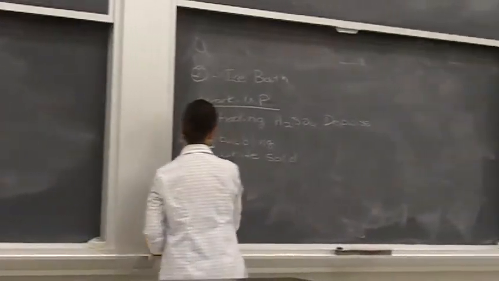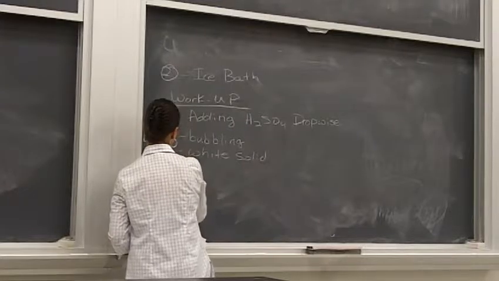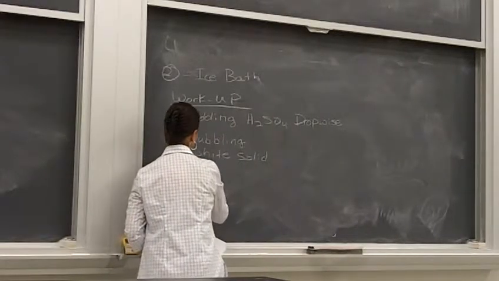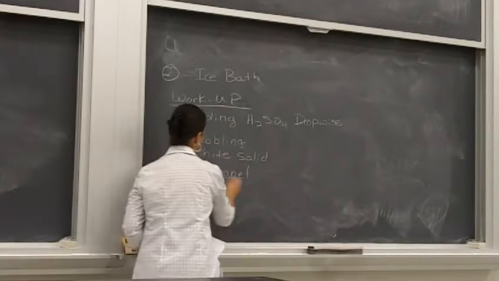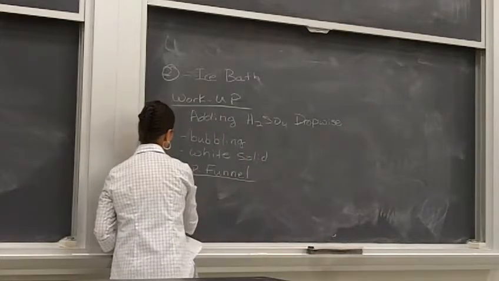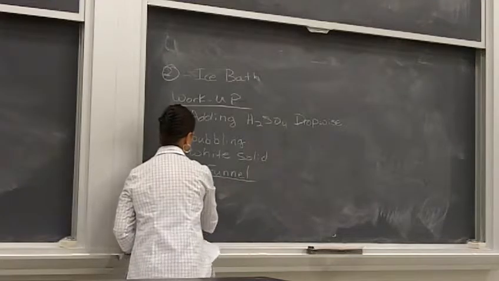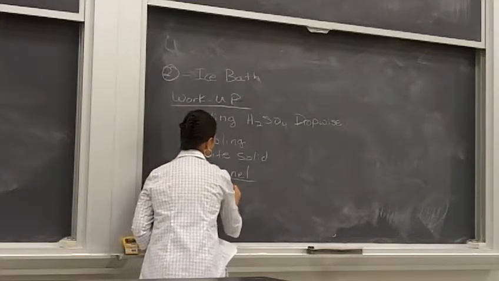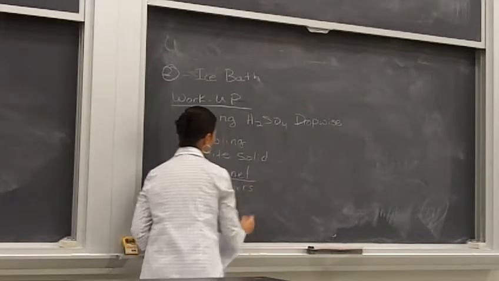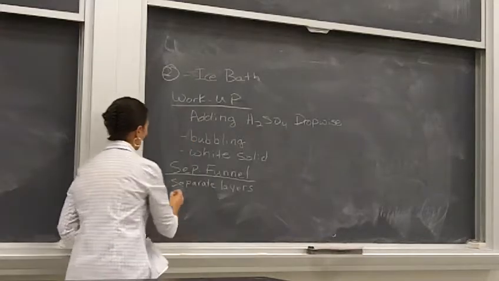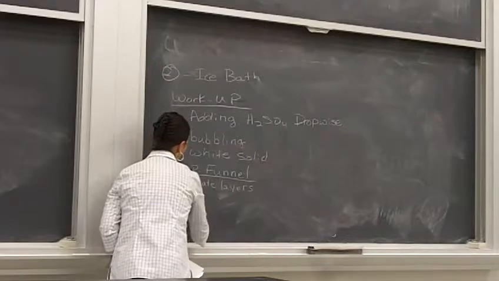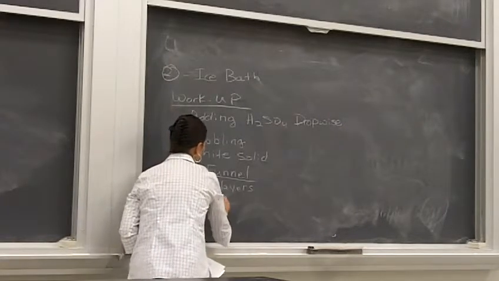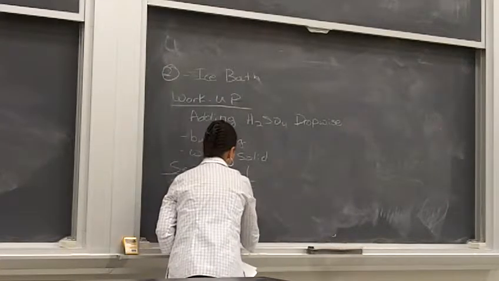So the first thing you're going to do with the separatory funnel, after you've added everything, is separate the layers. You have an aqueous layer and an organic layer. Then it says you are going to extract the aqueous layer.